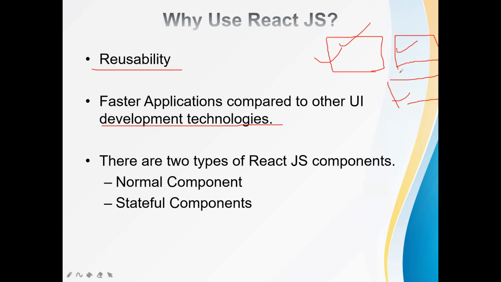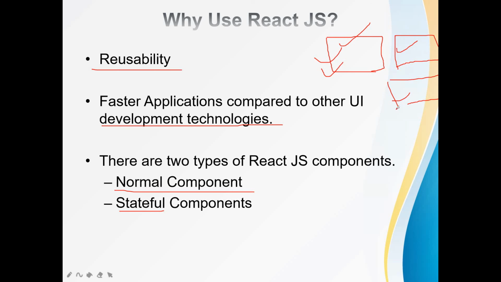Some of these components are normal components. What do we mean by a normal component? A normal component is one where you just want to display the information about a component, like if you are displaying the details of a student, then it's the name, photograph, age and all those things you are going to display, and it doesn't maintain any state information or session information. That kind of component is a normal component, right? And when we talk about the stateful component, what is that?